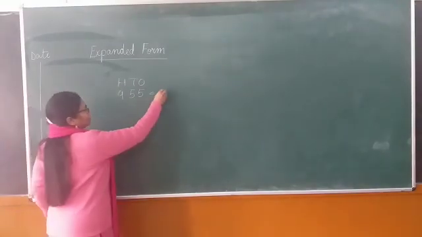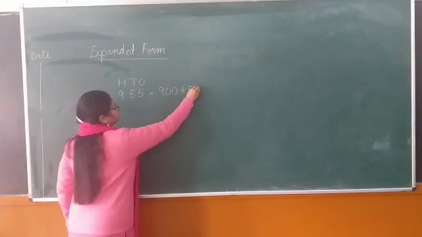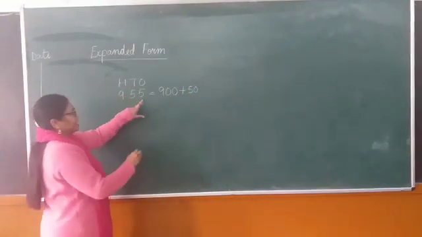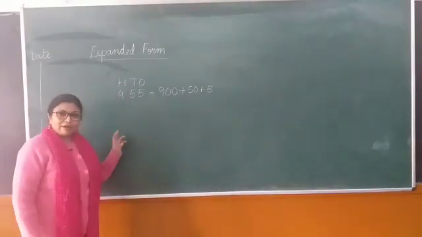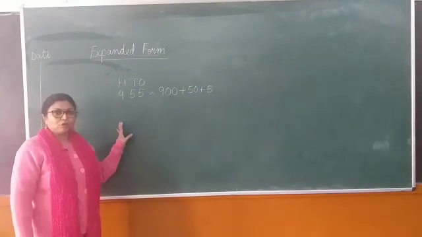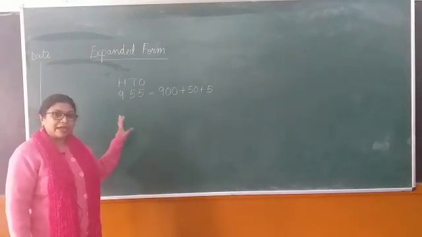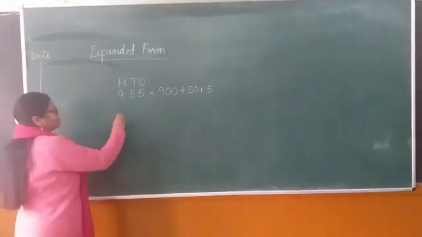So this will be 900 plus 50, that is tens, and 5 ones, that is 5. You all have done this in your half yearly also. This is just a repetition of what you have done, because this topic is again going to come in your final exams.